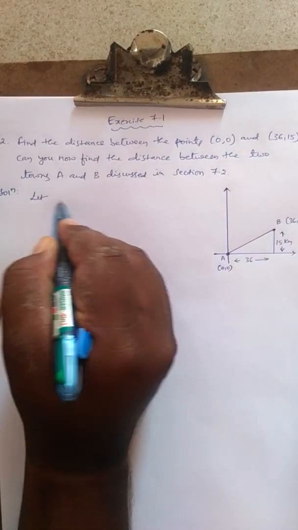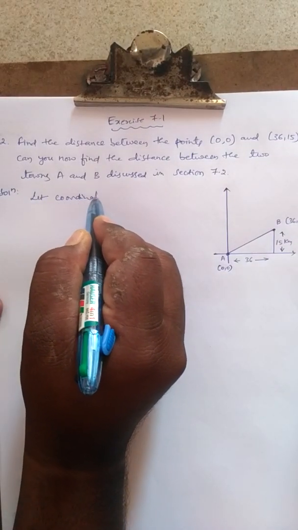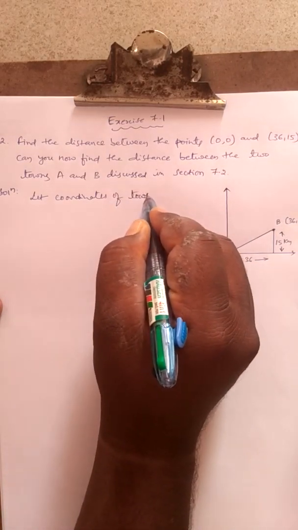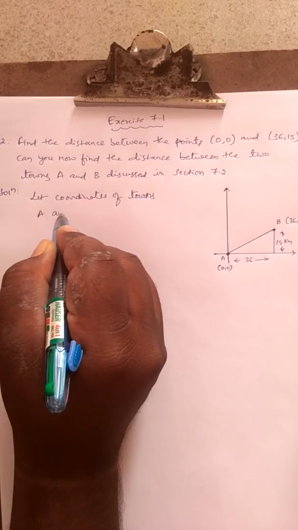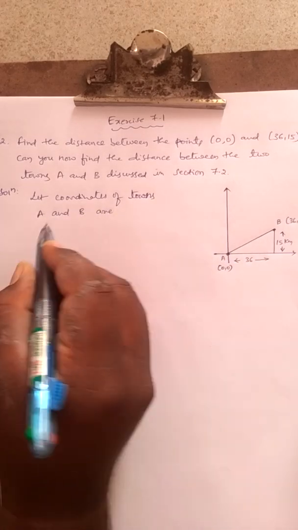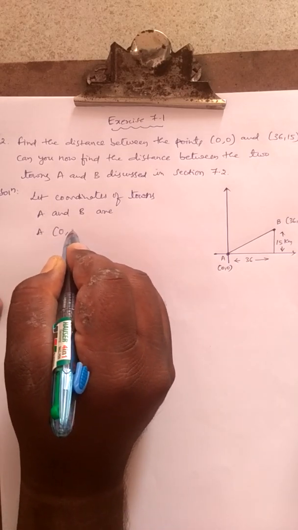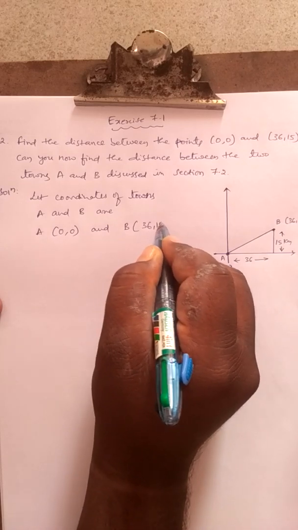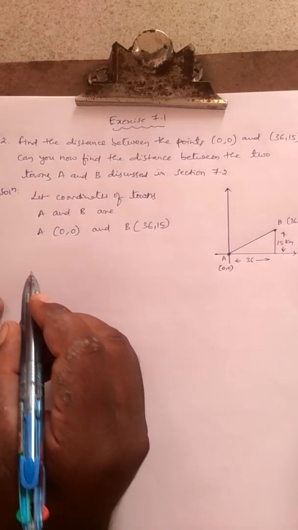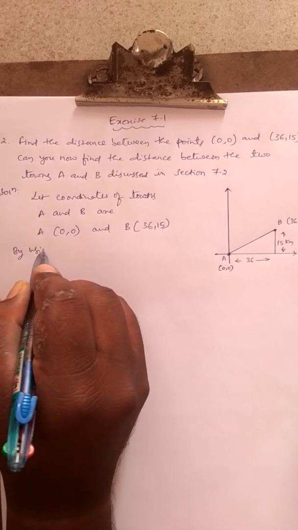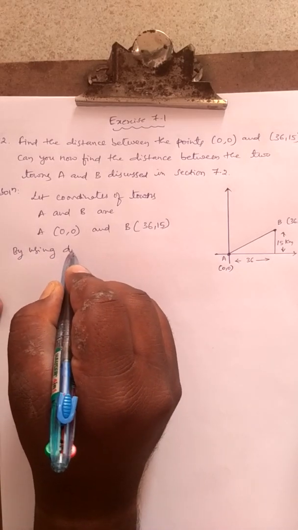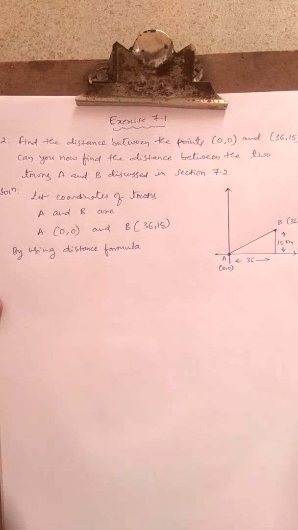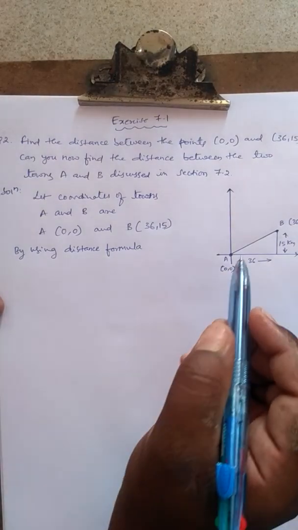So let the coordinates of towns A and B be A of 0, 0 and B of 36, 15. Right? Now, by using the distance formula, we have to find the distance between A and B.